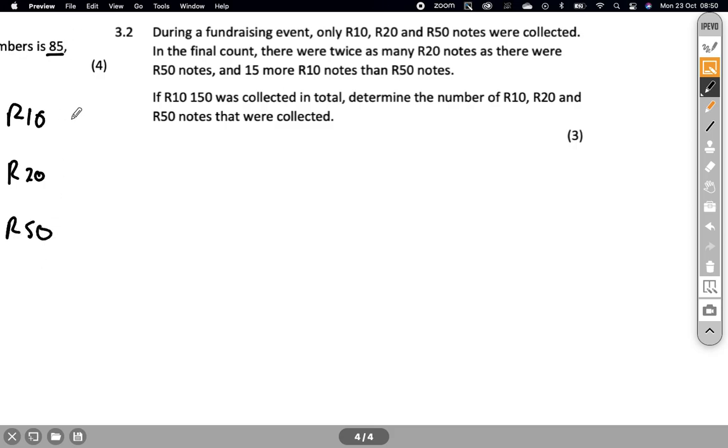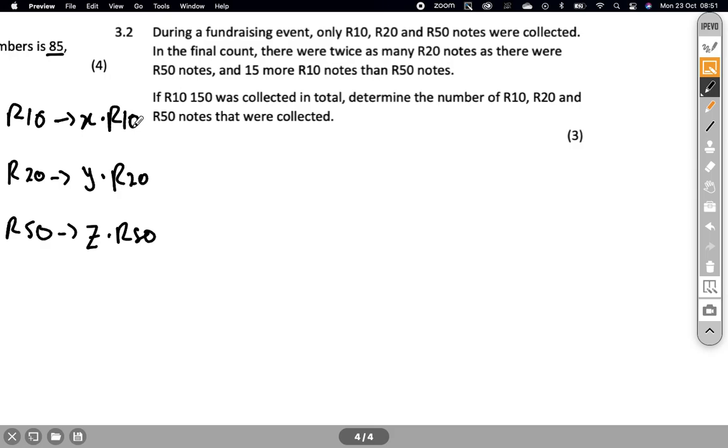Now, since we don't know how many were collected for each note, we can say that x amount of 10 Rands were collected. So this will be x multiplied by 10 Rands, and then y multiplied by 20 Rands, since we don't know, and then z multiplied by 50 Rand.